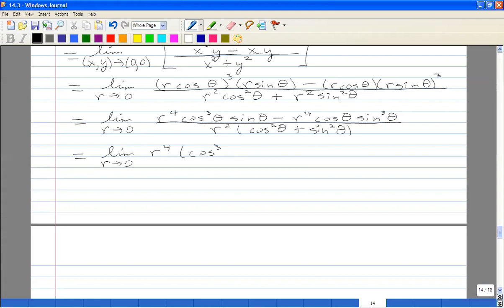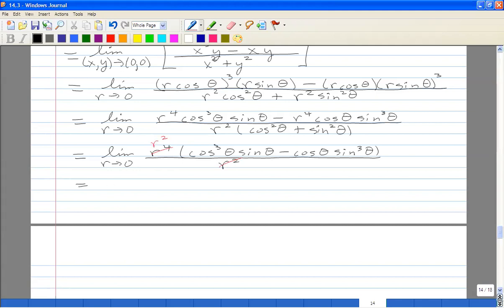Obviously, I could factor out also a cosine sine term, but I don't really care about that at this moment. Minus cosine theta sine cubed theta. And cosine squared plus sine squared is 1. So I can cancel out 2 of these.